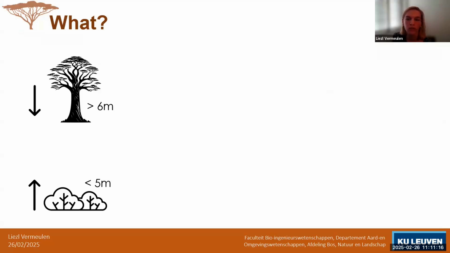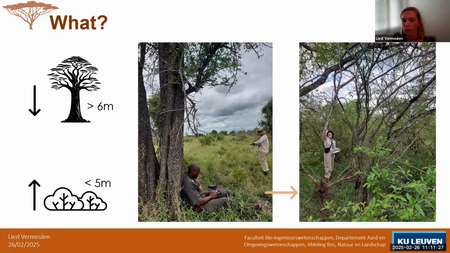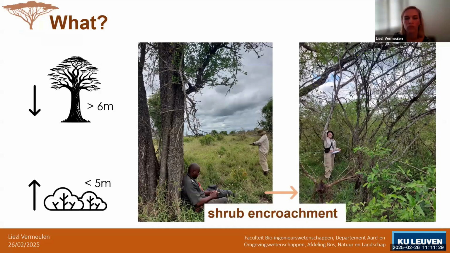So woody vegetation that's smaller than 5 meters. If we look at this visually, this means that the landscape has been shifting from a more open, balanced savanna, as we see here, to a more dense shrub encroached landscape. So essentially shrub encroachment has occurred. And this is often associated with ecosystem degradation when it comes to savannas.